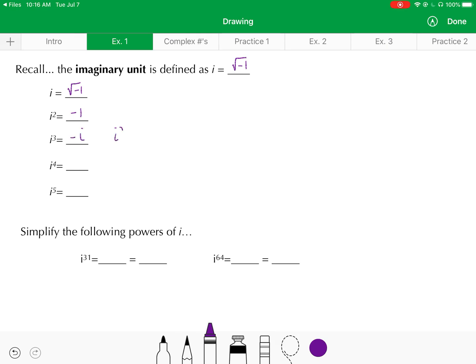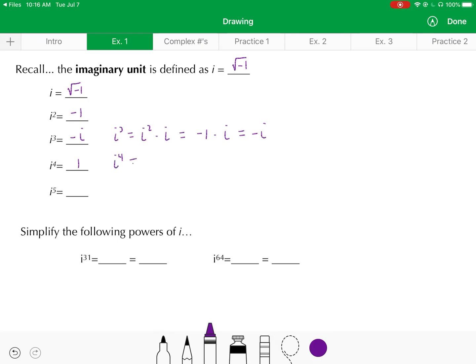Quick little proof to verify that. i cubed could be thought of as i squared times i. And we just got done saying i squared is equal to -1. So -1 times i can be thought of as -i. Okay. i to the fourth is equal to 1.